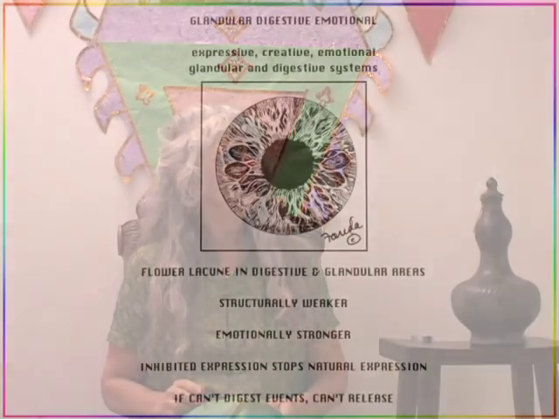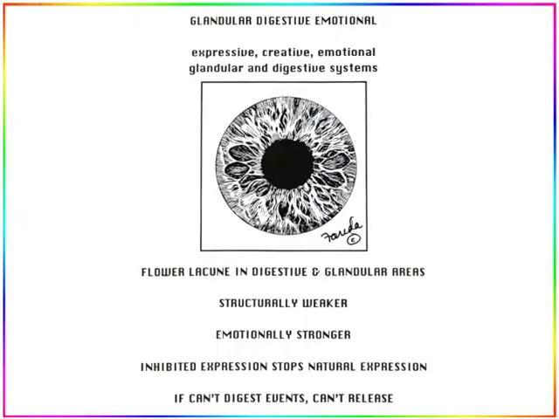And this brings about expression and release, creativity, release of emotions, sharing of emotions, glandular and digestive systems involved, because the lacunae often open up right over an adrenal, right over a kidney, right over a liver, right over a heart, right over a spleen, right in a thyroid, in a pancreas. It's amazing how those little leaf lacunae.